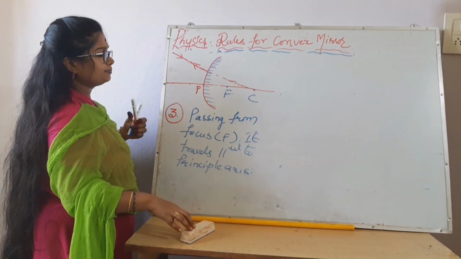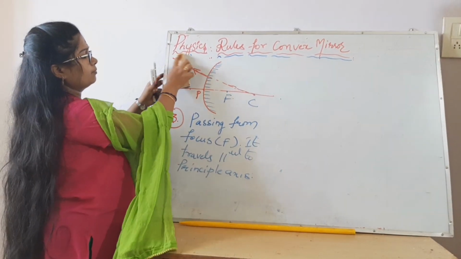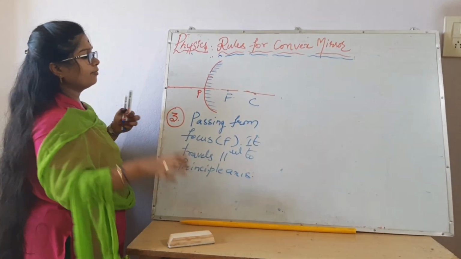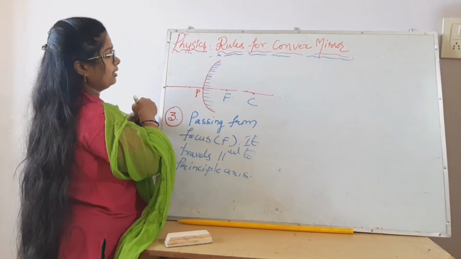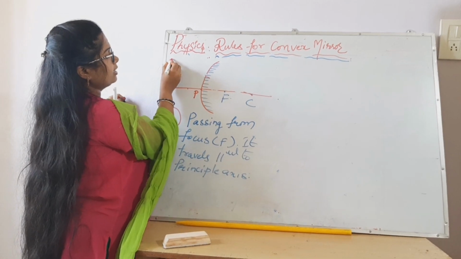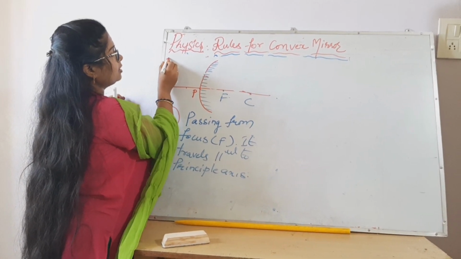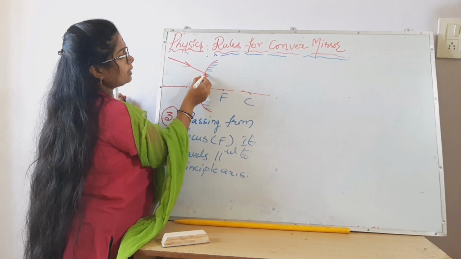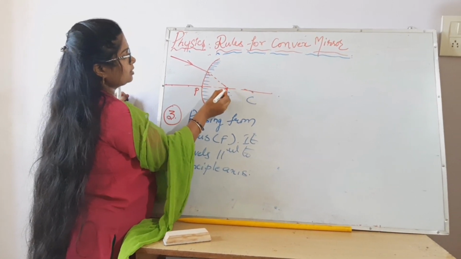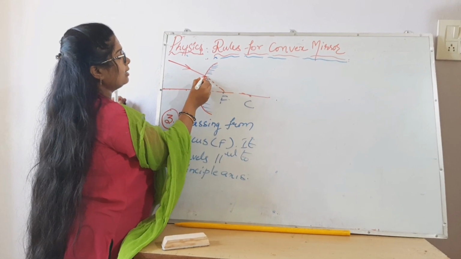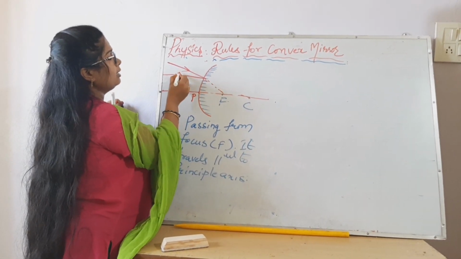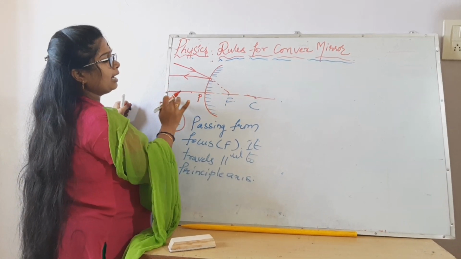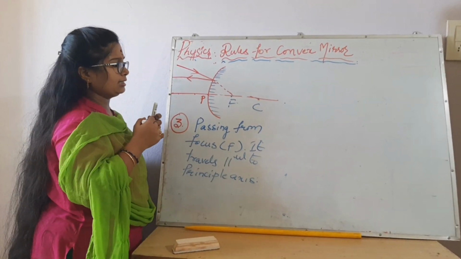Now how? See, if the ray is incident somewhere here, suppose, when it passes from the focus, then it travels back parallel to the principal axis.